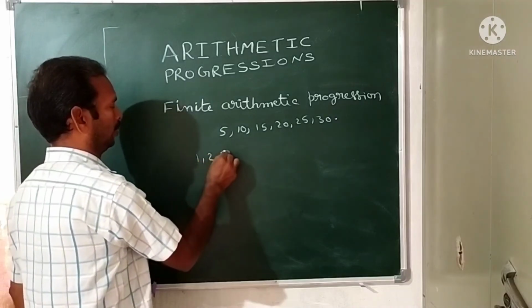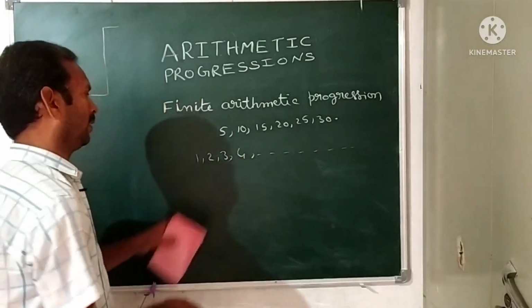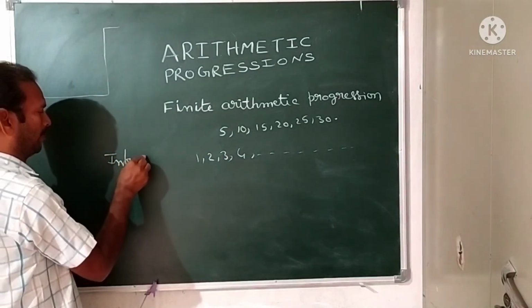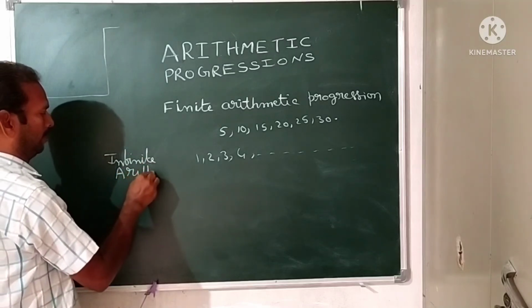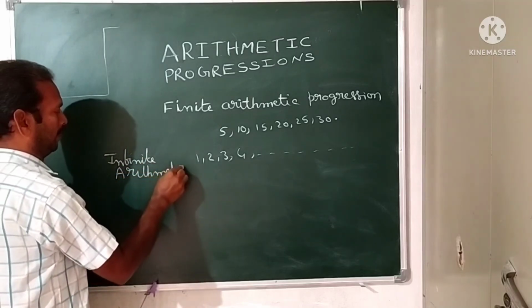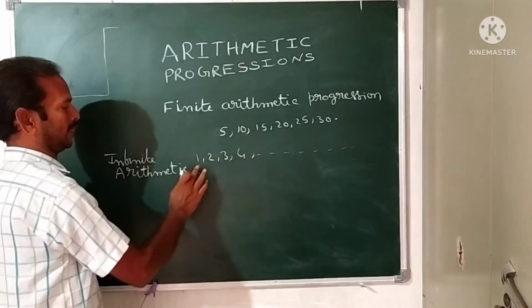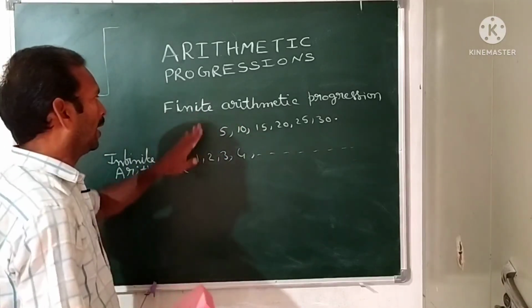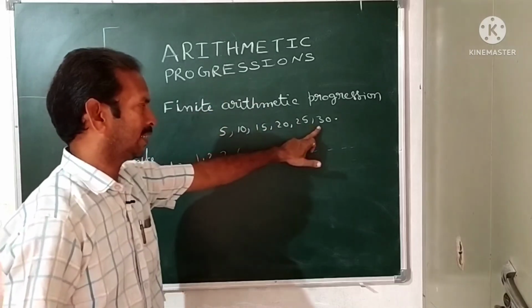See, 1, 2, 3, 4, and so on. This is called an infinite arithmetic progression. That one is the finite arithmetic progression. In that progression, the last term is 30.